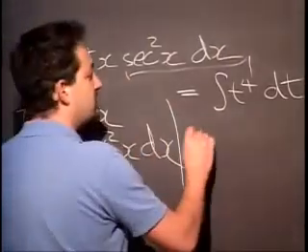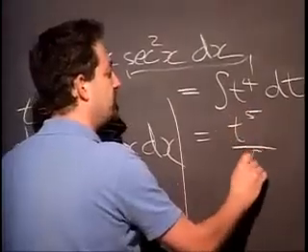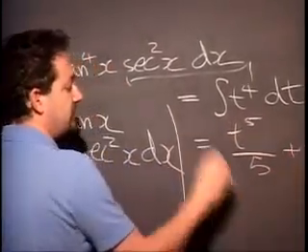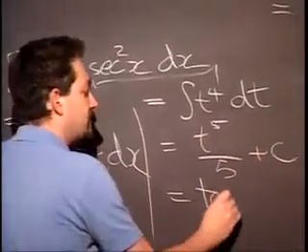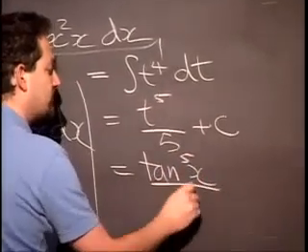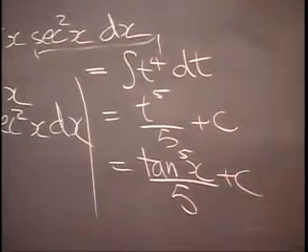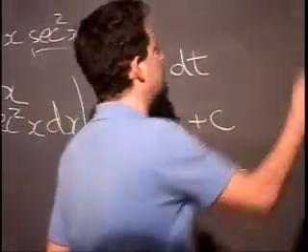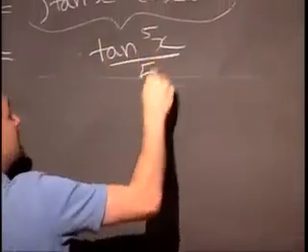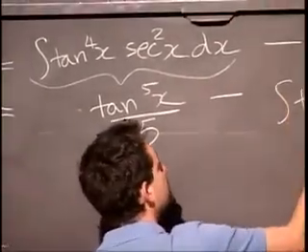So this works out to be t to the 5th over 5 plus a constant, which is tan to the 5th x over 5 plus a constant. Well, we don't need the constant when we plug it in up here, because I'm going to put tan to the 5th x over 5, and I'm going to leave this integral.